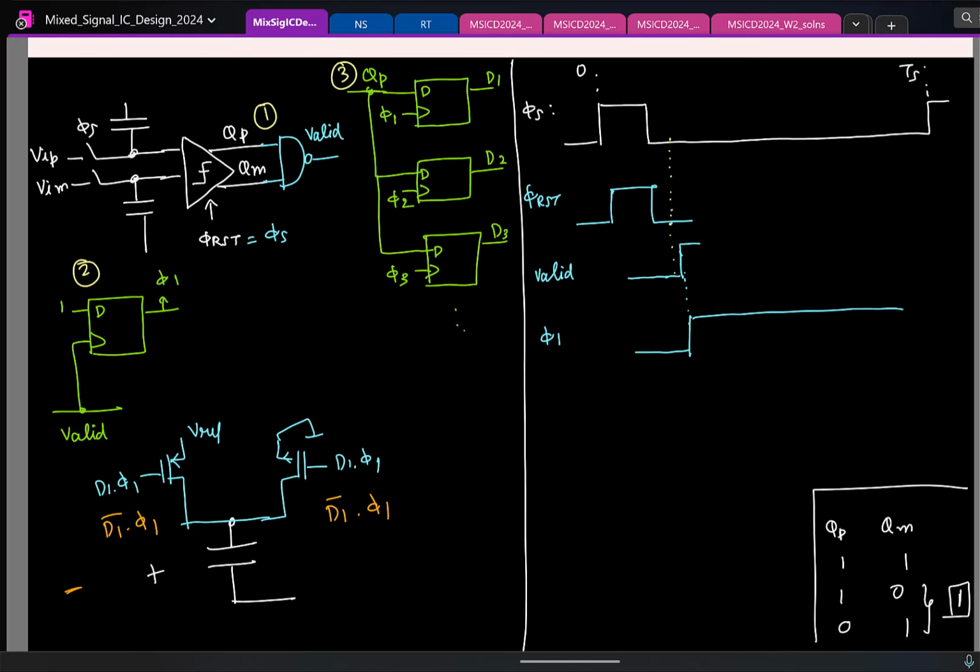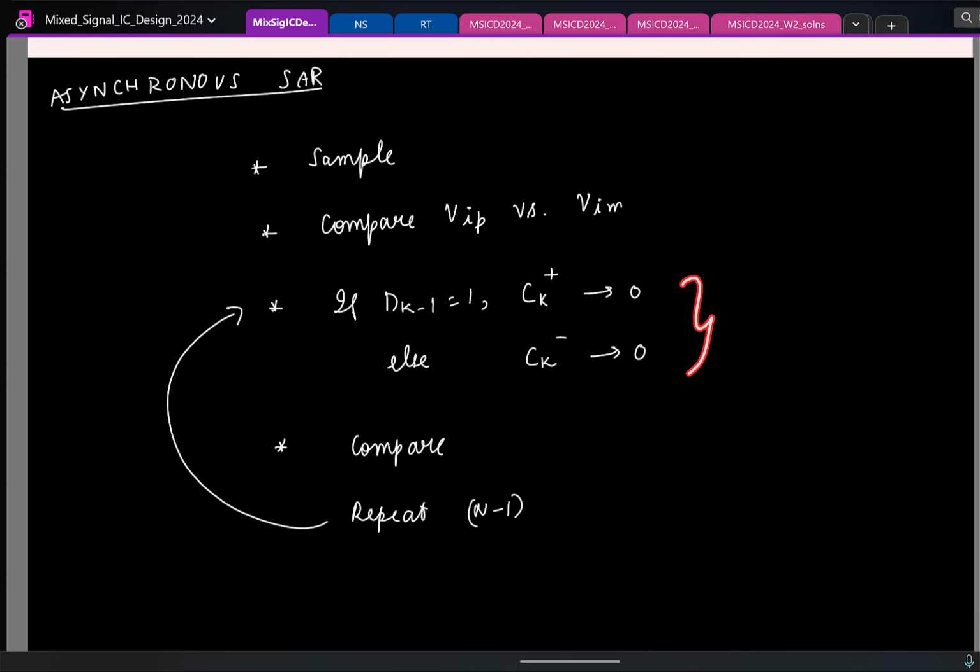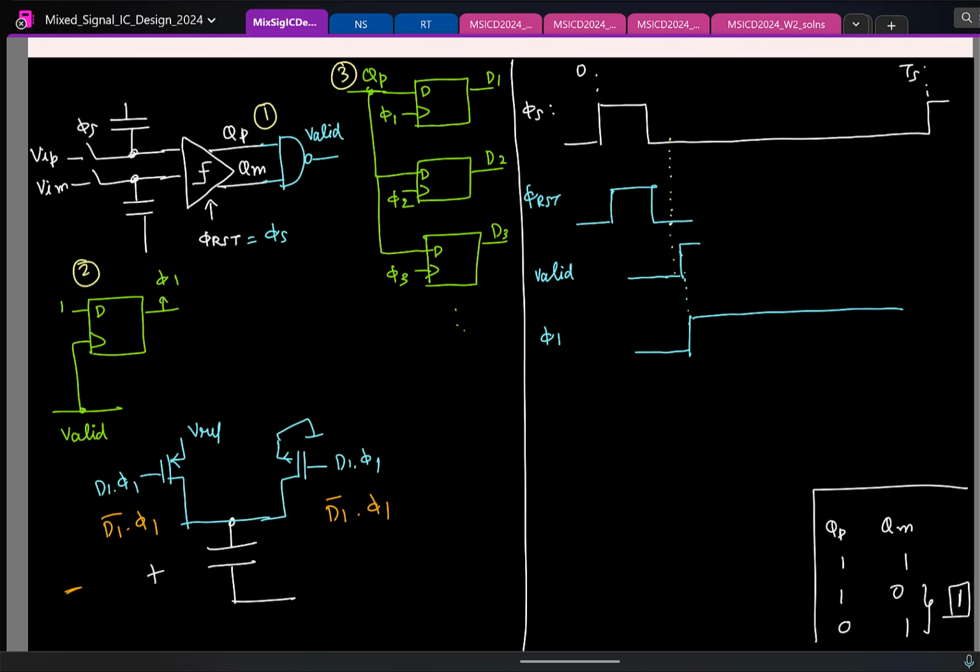So now we have switched the capacitor, which means you get the required voltages on the capacitor plates, Vin minus whatever VREF. So next step is you have generated the voltage here, you fire the comparator. Now remember, the comparator has finished making its previous decision. So before you start the comparison, what should you do first? You reset.